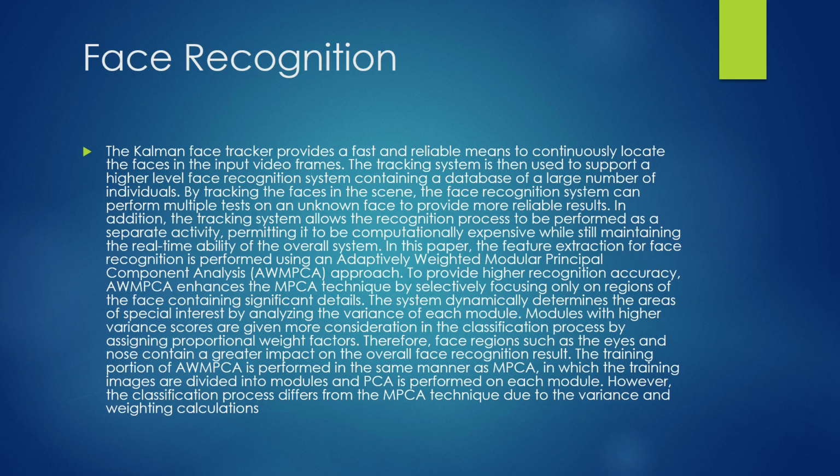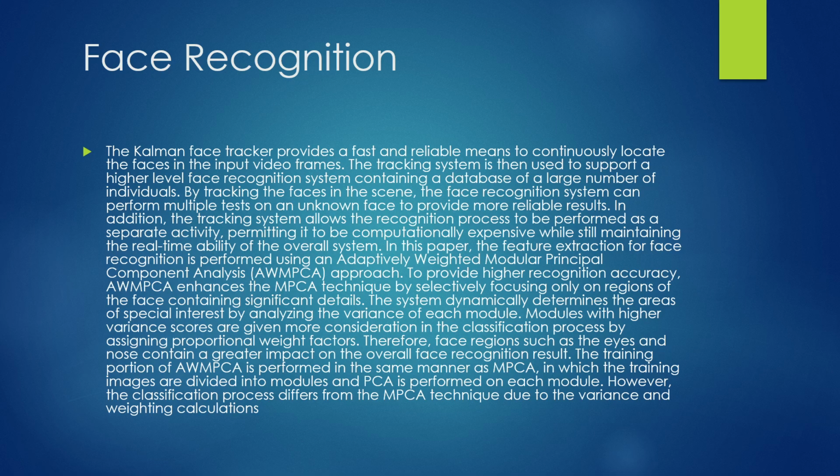The Kalman Face Tracker provides a fast and reliable means to continuously locate the faces in individual video frames. The tracking system is then used to support a higher level face recognition system containing a database of a large number of individuals.